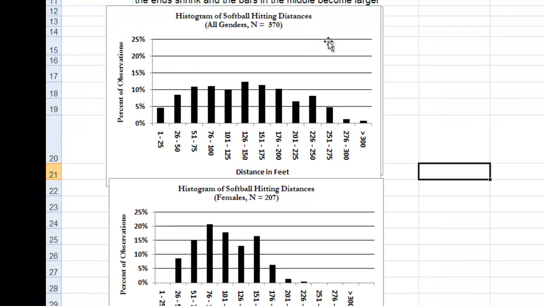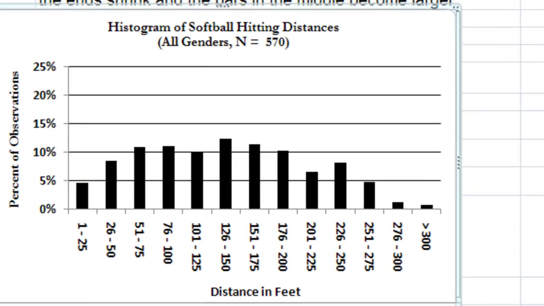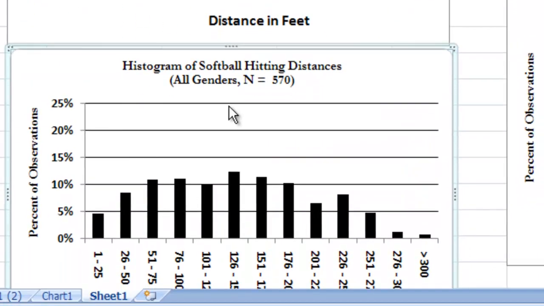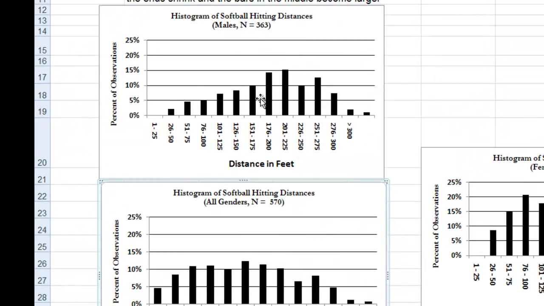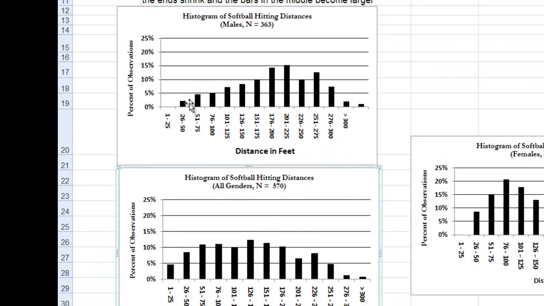And we can say what happens to histograms when they exhibit less variability. When we go from looking at the histogram of all genders to the histogram of just males, the variability declines. Going from here to here, the data start clumping together rather than being distributed throughout.